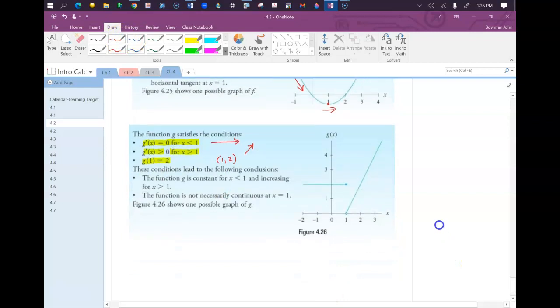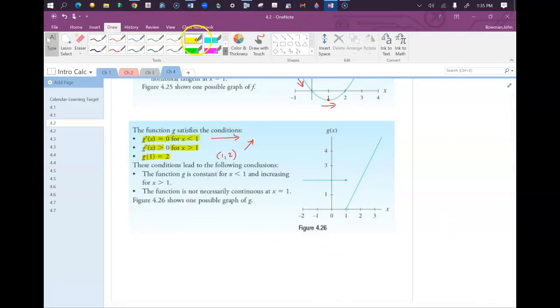A possible solution would be, here is the flat portion of our graph for x less than 1. Here is the derivative being positive for x greater than 1, so we have a positive slope, could be any slope. And we include the point (1, 2), so that's why this point here gets shaded, because it's the point (1, 2) on our function.